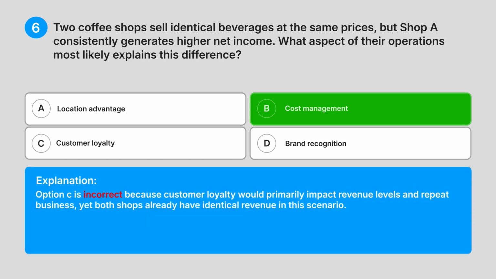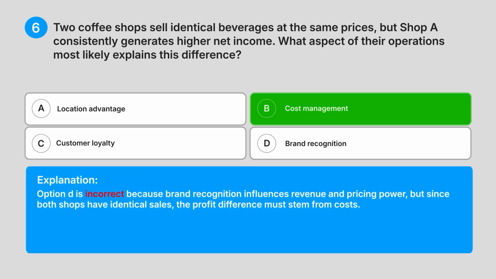Option C is incorrect because customer loyalty would primarily impact revenue levels and repeat business, yet both shops already have identical revenue in this scenario. Option D is incorrect because brand recognition influences revenue and pricing power, but since both shops have identical sales, the profit difference must stem from costs.